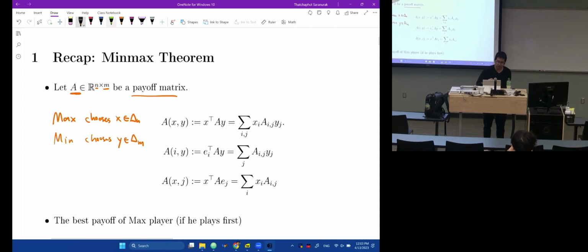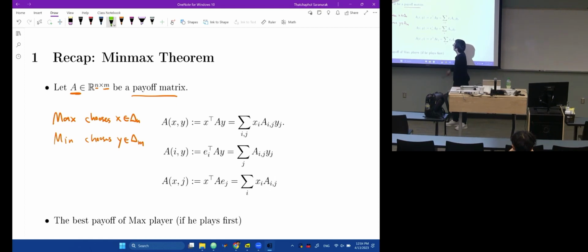And then we compute the expected payoff. I will let A(x,y) be the expected payoff when max and min choose these distributions over their strategies, and A(x,y) can be computed simply as x times A times y. This is just the expected payoff.